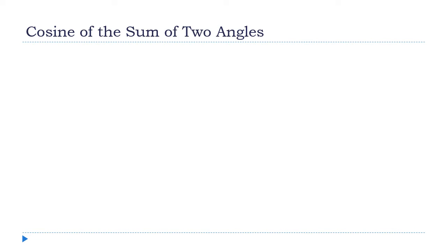All right, so what I want here is a formula for the cosine of the sum. So I want to know what is the cosine of A plus B. Well, watch. Here's what I'm gonna do. This is the cosine of A minus minus B. Right?